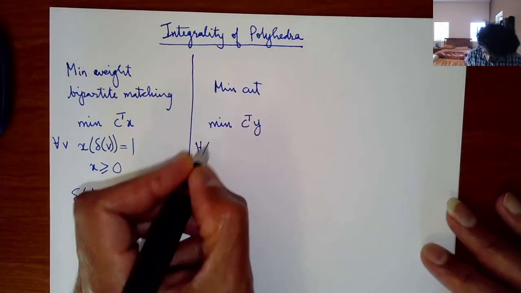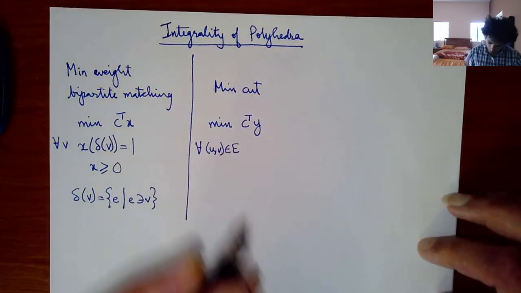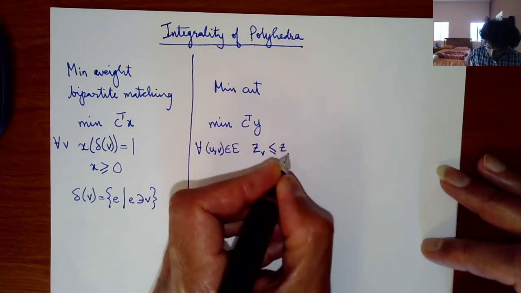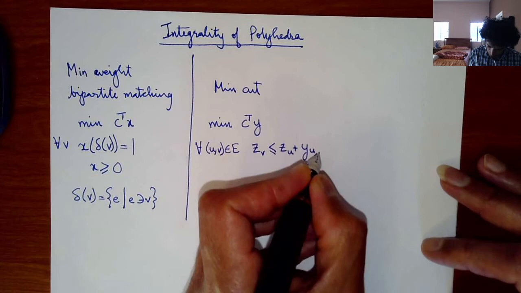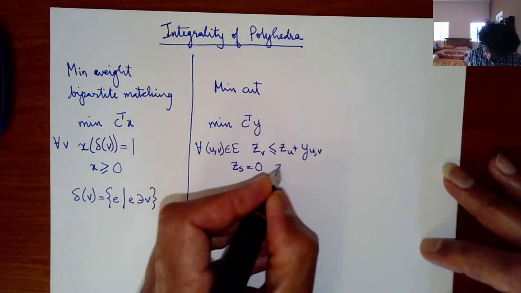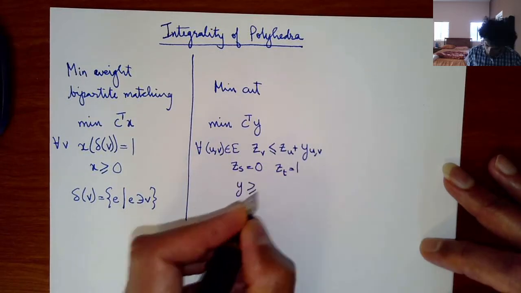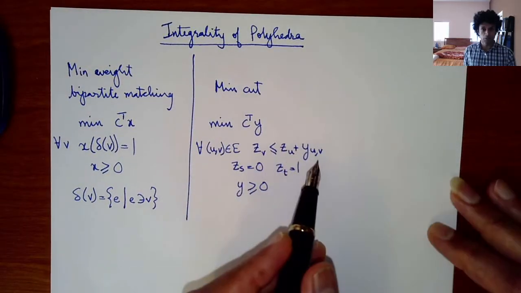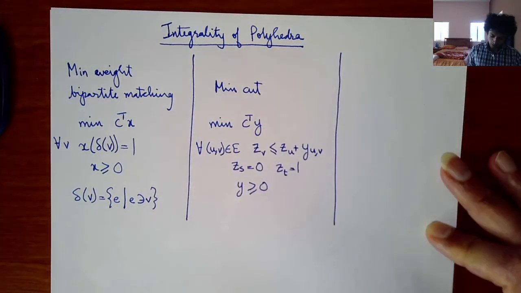For all edges uv, we had these variables z that form distance labels, plus the y's, which are also variables. So z_s = 0, z_t = 1, and y ≥ 0. The y's were also variables that you put, and then you had these distance labels. So this is min cut.